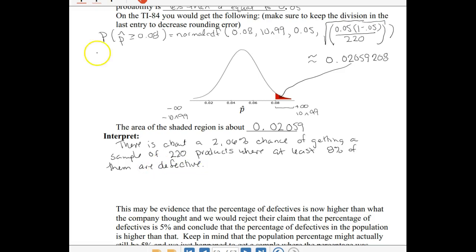So we are just putting in words our probability statement combined with the percentage that we got for an answer here at the end.